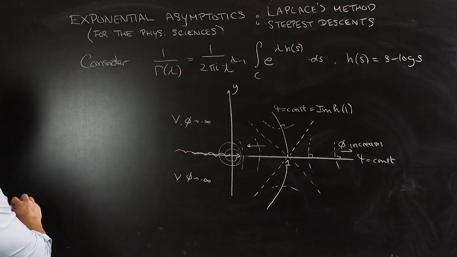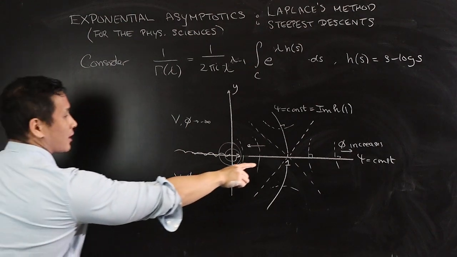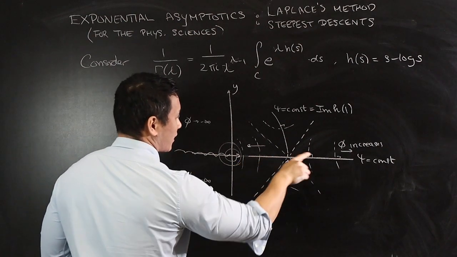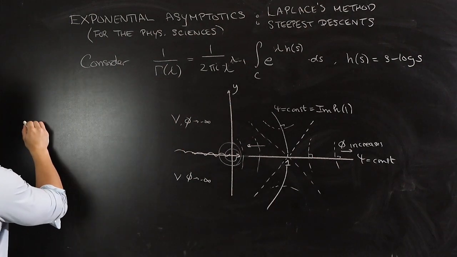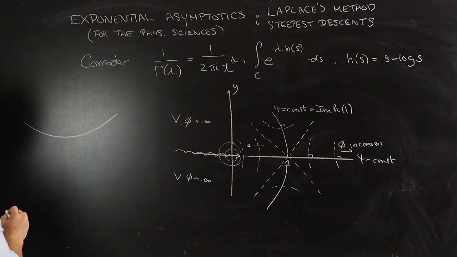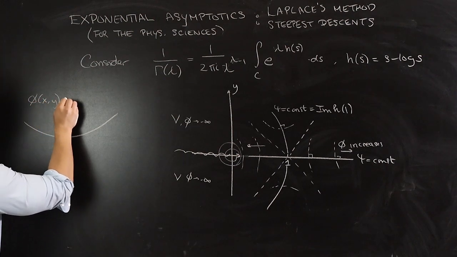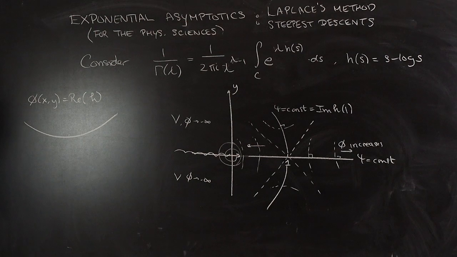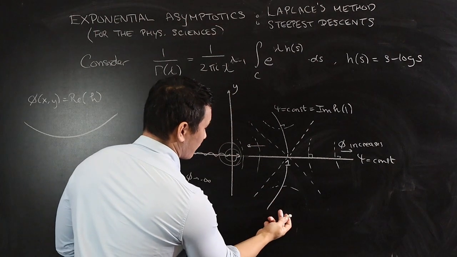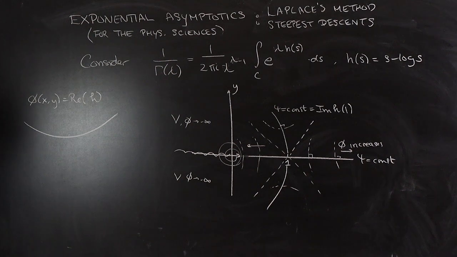So if I plot the surface for phi, then I know that as I walk through phi from left to right along this line, it's increasing. So it has to look like that. Okay, so I'm going to plot phi of x and y, which is the real part of the function. But I know that if I go from down to up, then it's descending, right?